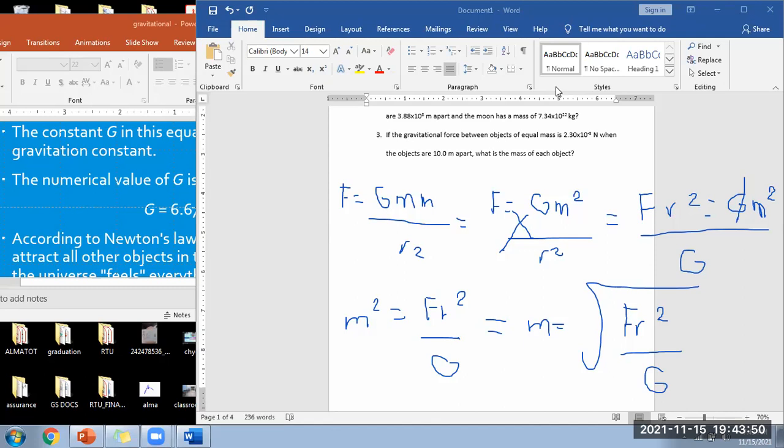I-divide nyo. Pag na-divide na siya, kailangan nyo siyang i-square root. Then makukuha na natin yung mass in kilogram. Okay, so what will be your final answer?